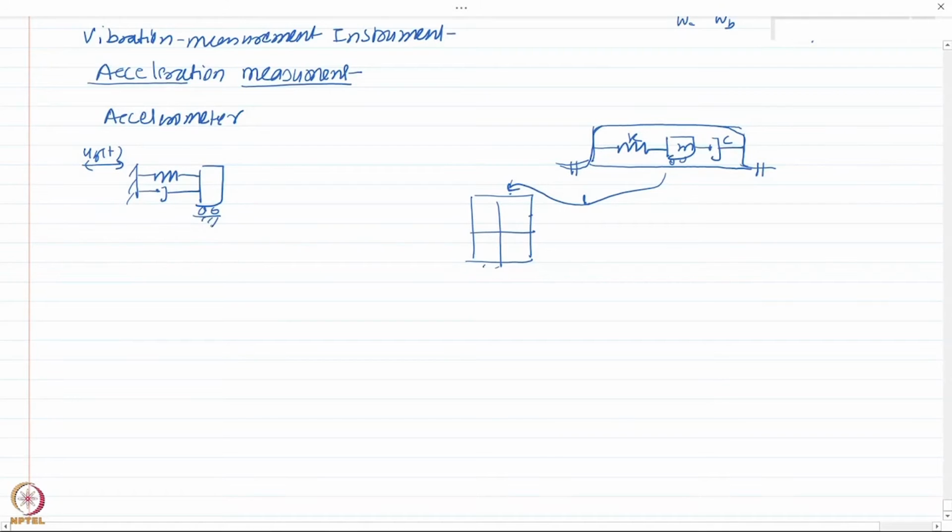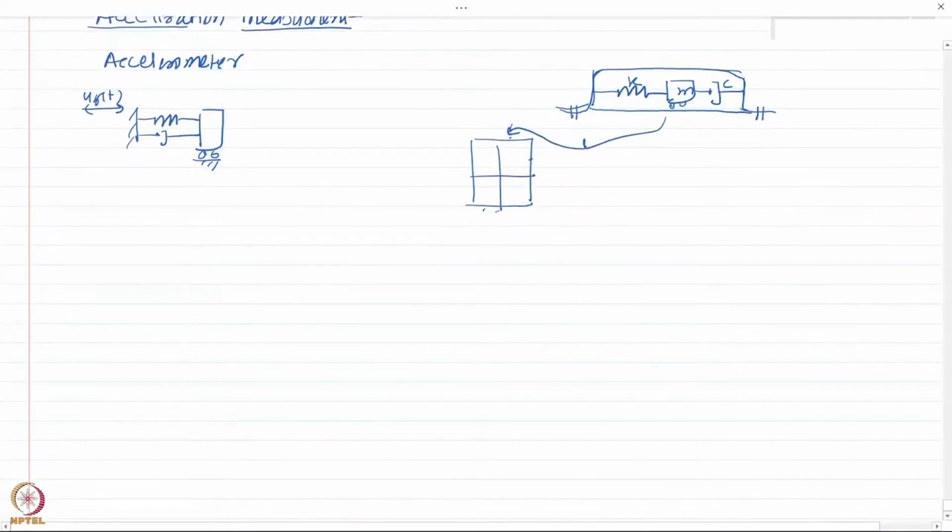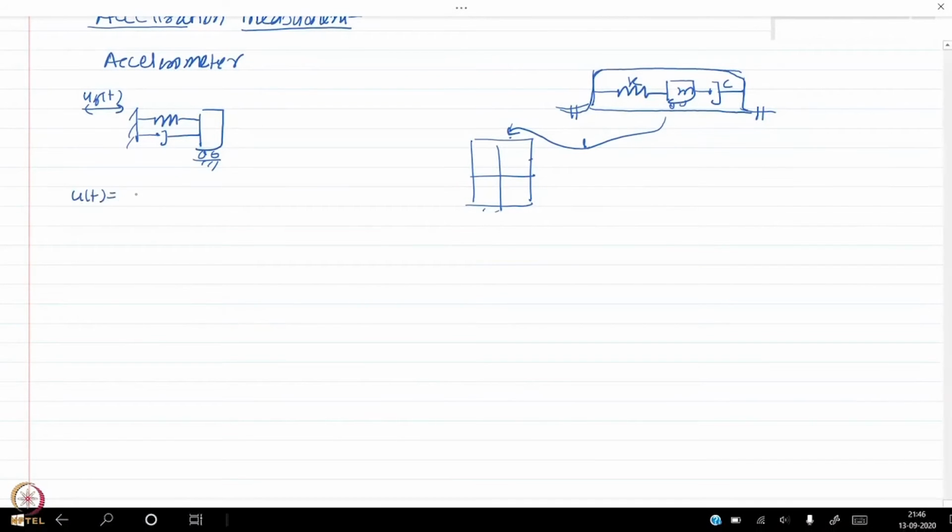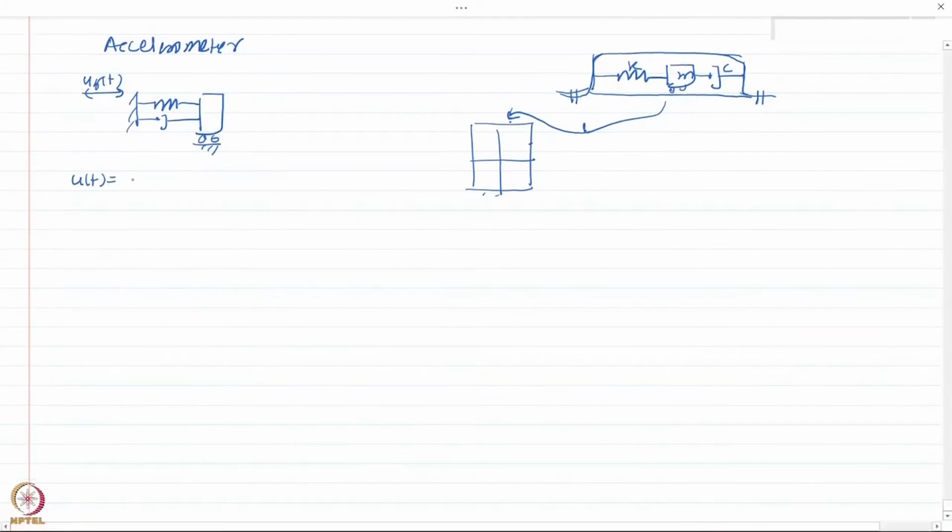Now we know that for this case, our U(t) can be written as UST naught times RD sine of omega t minus phi.